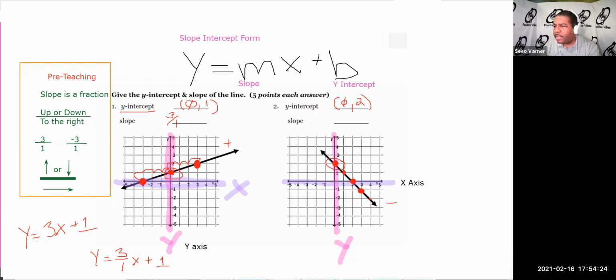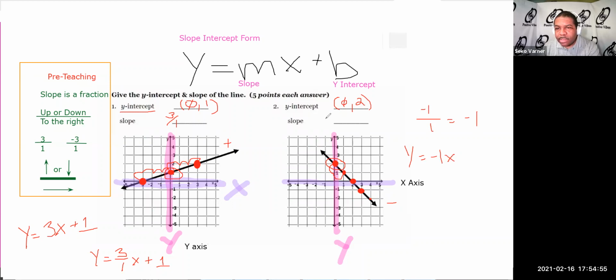Okay, so let's figure this out. It's a negative line. It goes down, so we're going to go down 1 over 1. So we went down 1 and we went over 1. And so -1 over 1 is -1. So the slope-intercept form for this will be y equals -1 x.